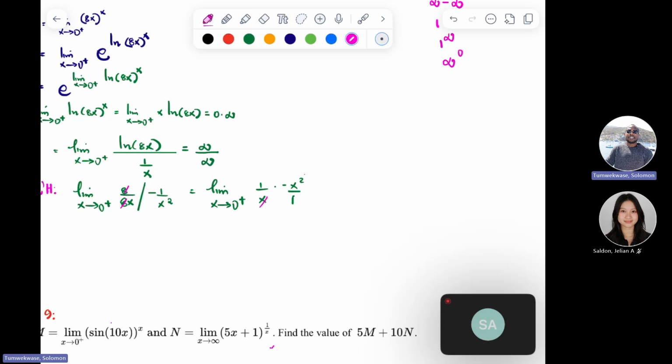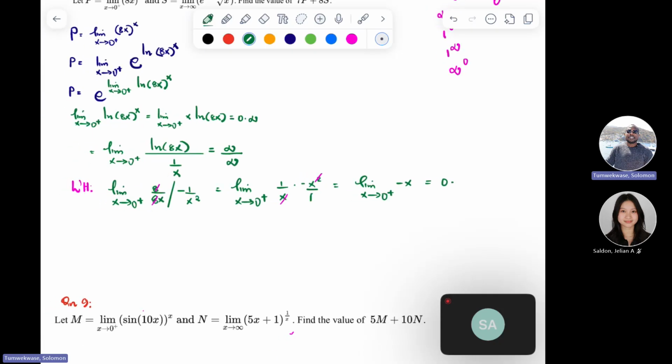So this x can also reduce here. And finally, I have limit as x approaches 0 from the right of negative x. And when I take this limit, I just get a 0. Now, remember everything that I have worked on in green is this guy on top.